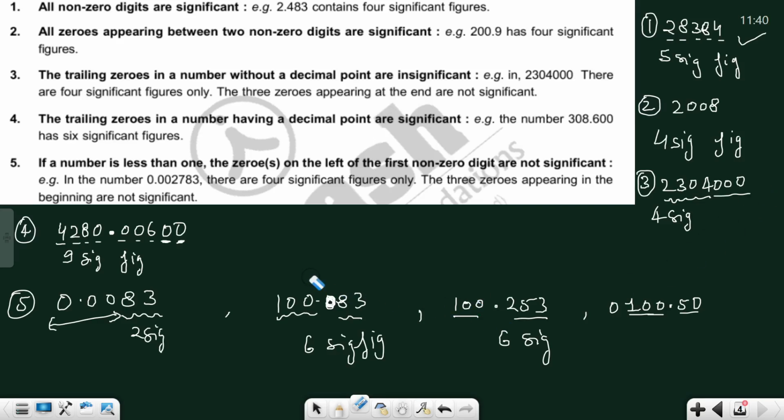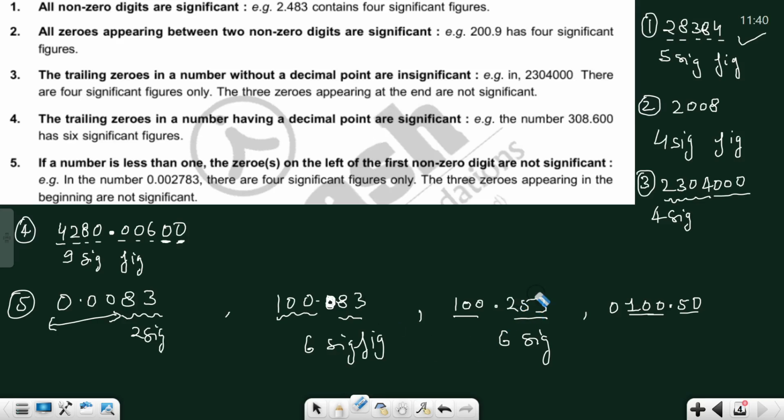Rule number four, if there is a decimal point, whatever zeros you write after that, you will count as significant figures. Rule number five, if the number is less than 1, the zeros appearing on the left side of the non-zero digit will be counted as insignificant.